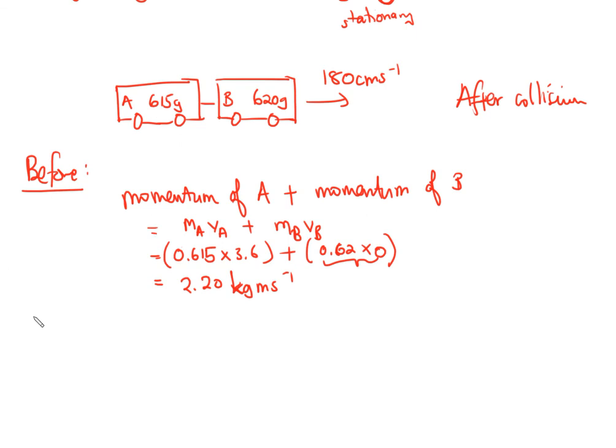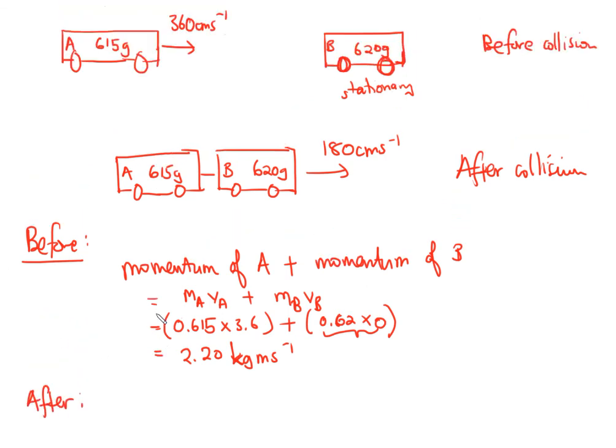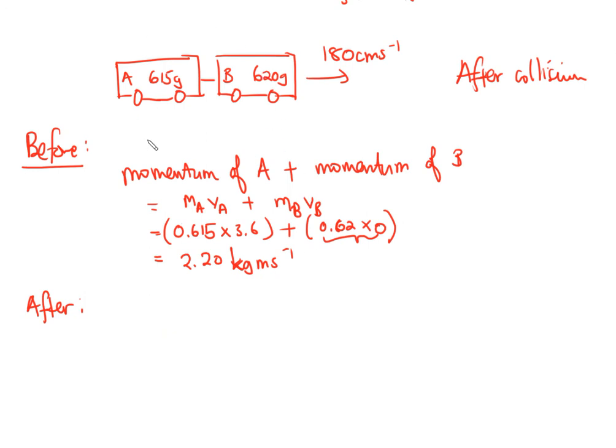Perfect. Let's look at the situation after collision. After collision, these things have joined. They have coalesced. They are now one entity. So after collision, let's calculate. The momentum after collision is going to be the momentum of both A and B, because now this is one entity.